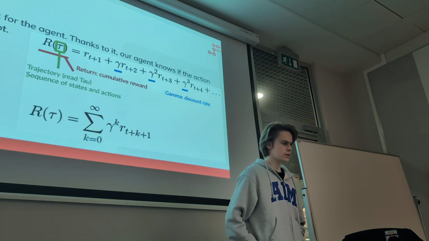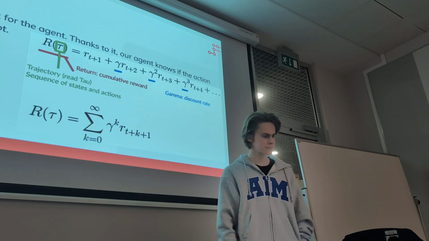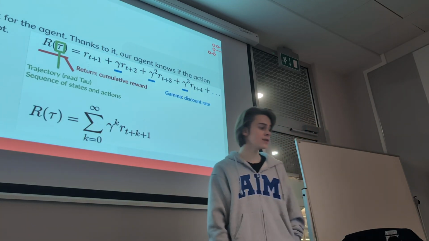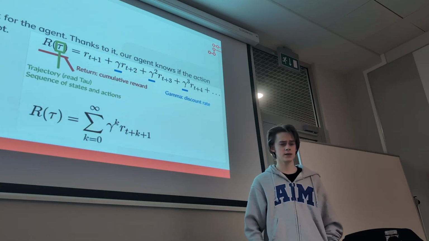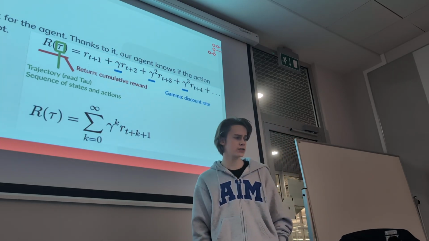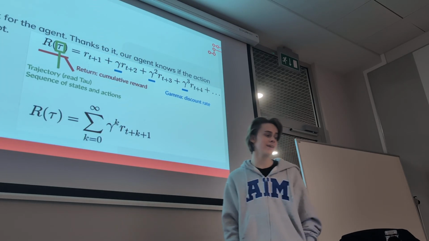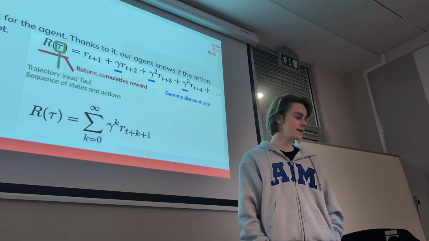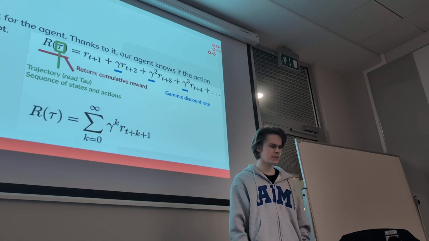And we are also speaking about reward here. The reward is the only feedback we give to the agent. Thanks to the reward, our agent knows whether the action taken was good or not. So that's the basic formula.